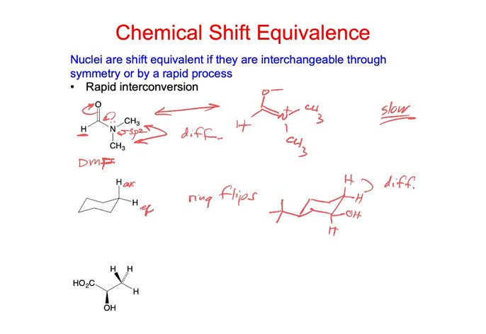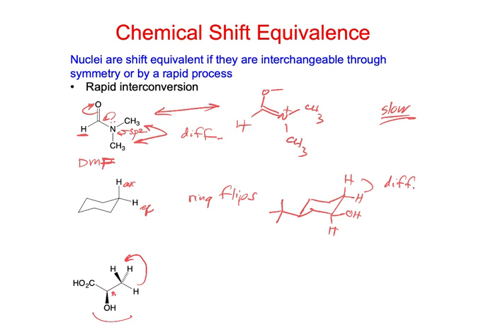On this molecule down here, we have a chiral center. And so oftentimes if we're adjacent to a chiral center, then the protons can be diastereotopic. However, if we have a methyl group here, then this can just rotate around like a propeller fast enough that those would all be equivalent.